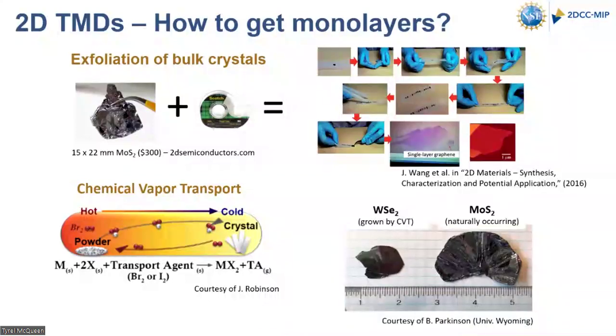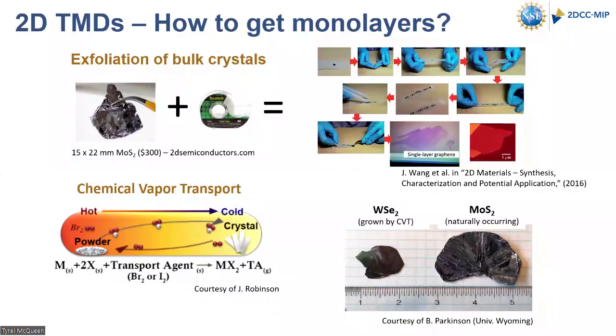I just put Scotch tape here to be a little funny, but the basic idea is that you're peeling off layers, right? Typically you have to do this a number of times, and then eventually you'll have a flake that is just a single layer. This is illustrated here for graphene, but it's the same approach for 2D semiconductors as well.